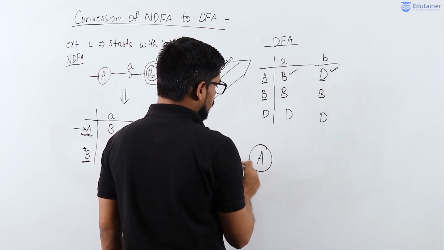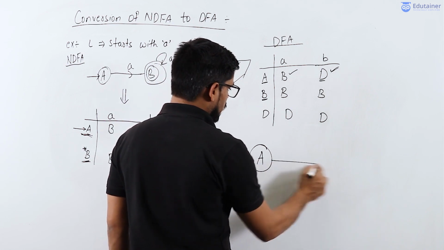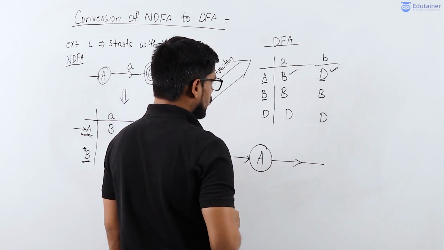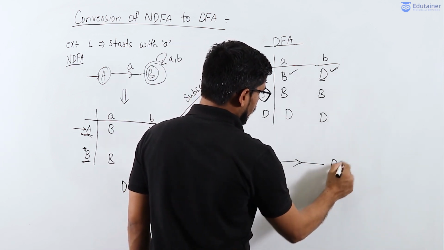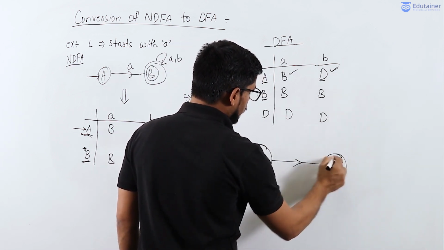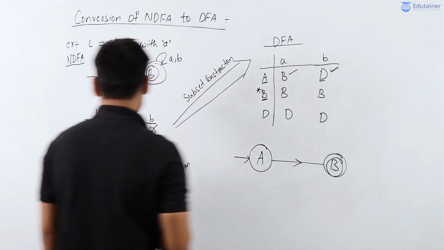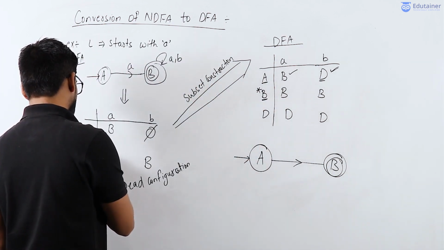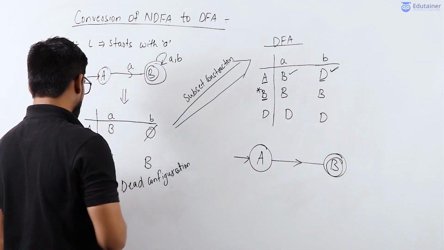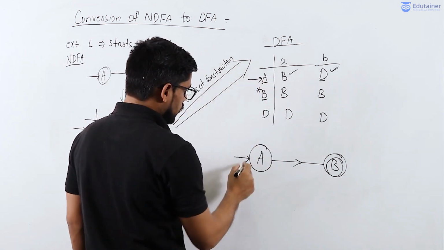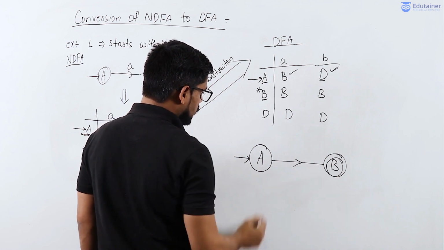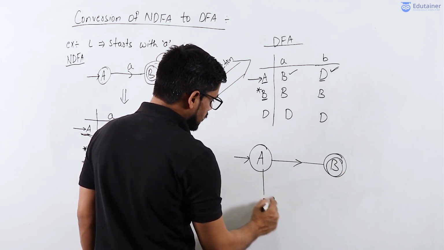Using the transition table, I can easily draw the transition diagram. The transition diagram contains 3 states: A, B and D. B is our final state because in the previous NDFA transition table, B is the final state, and A is the initial state. So A is our initial state, B is our final state, and D is our dead state.